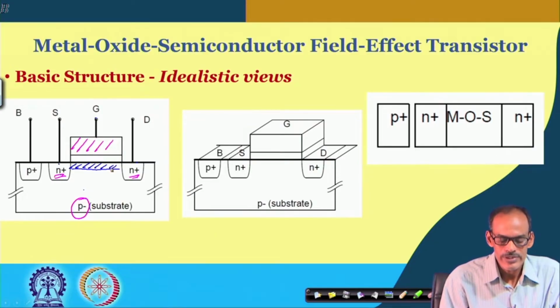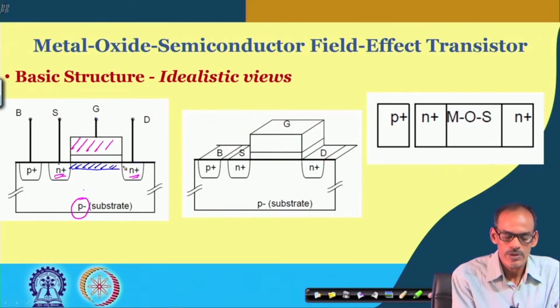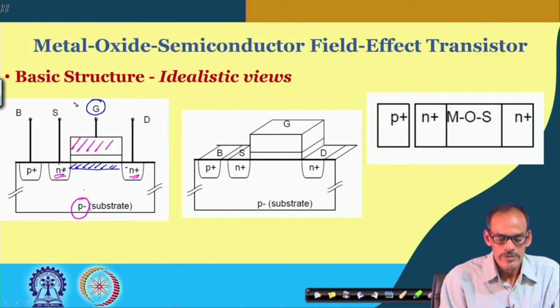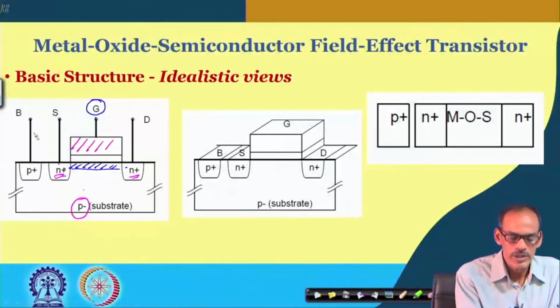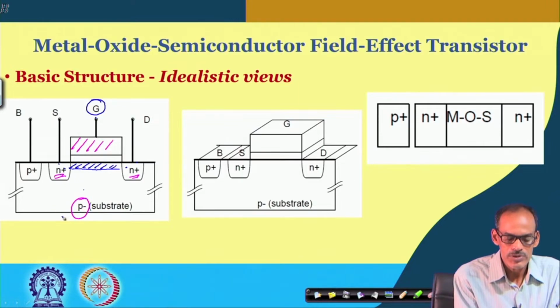And later on we will see that this provides very vital information: if we apply positive voltage, conductivity between these two islands can be modulated. So, as a result, you may say that this is the controlling terminal, by applying a voltage here with respect to the p minus substrate.